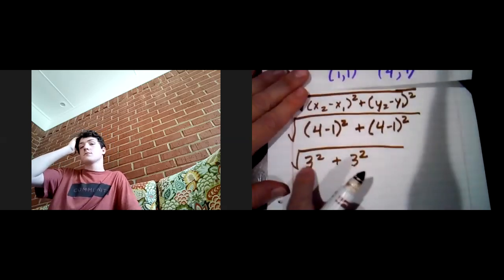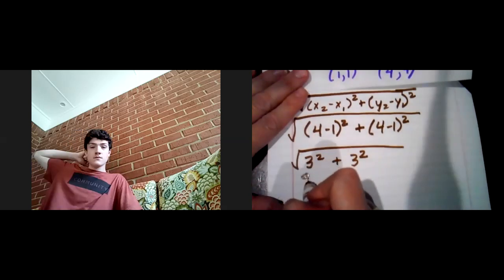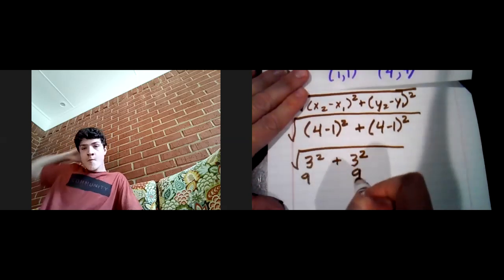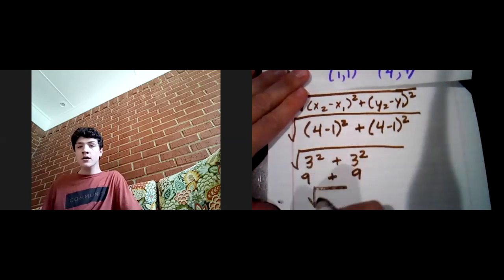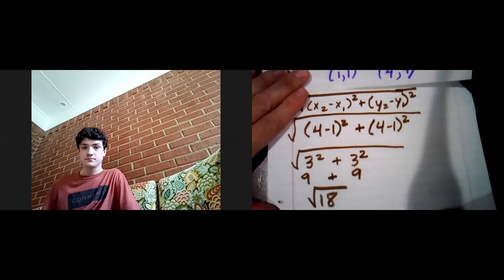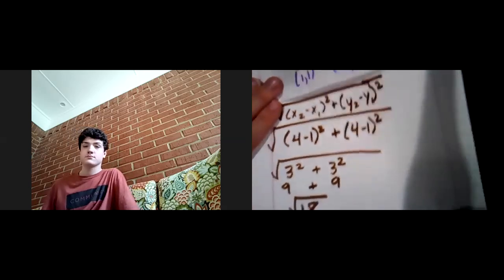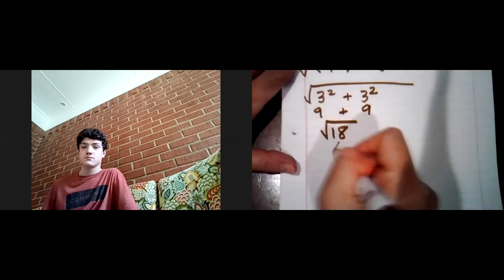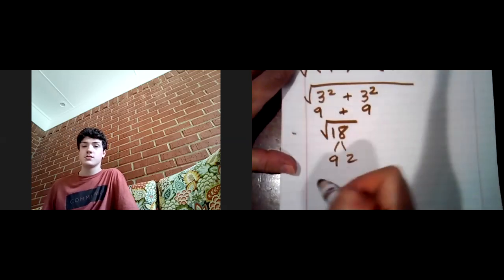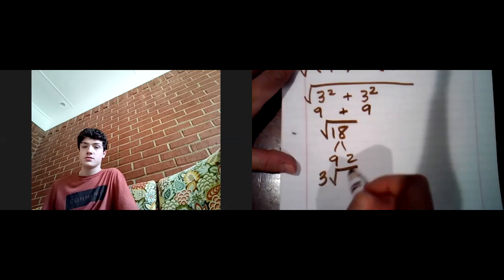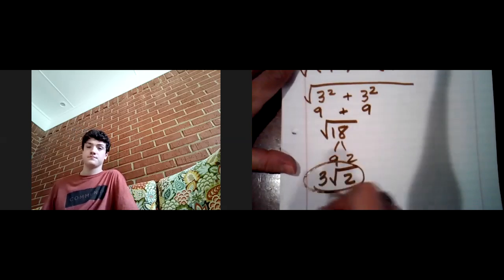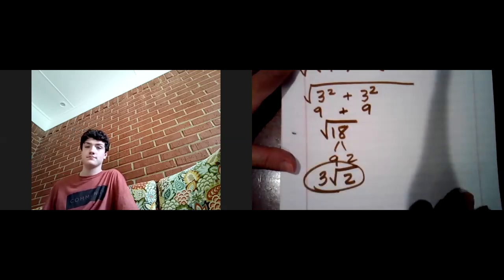Okay, and then what do you get here? You get 9, and this is 9. You add them together, and you end up with this. Is this looking familiar with what we just did? And then pull out the perfect square, and we get 3 radical 2 is our distance.